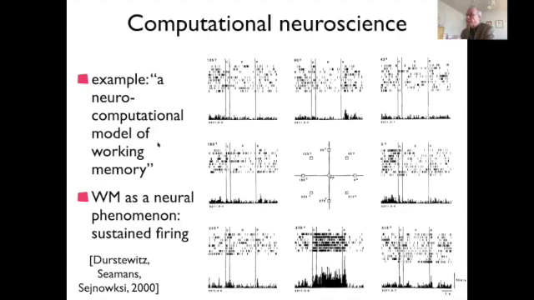And I thought it's a very useful example, because it takes a phenomenon like working memory and treats it as a neural phenomenon. This is data which I don't remember where it's from. It's from this paper, and it's from some other group. I think it's maybe in the frontal brain somewhere, the frontal eye fields, I believe. And it's a monkey who has to make a saccade to one of these 8, I think, is it 8?